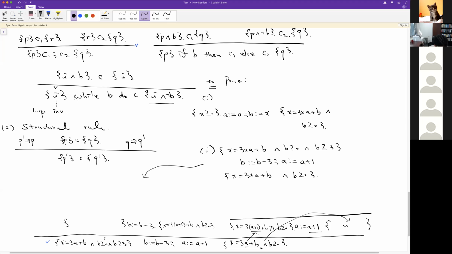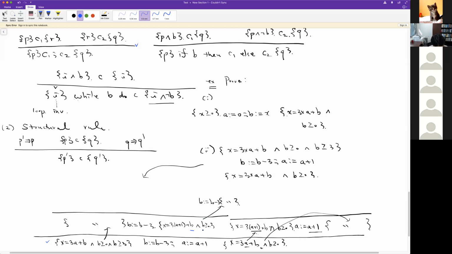We do something similar. We run this assignment program backward again. The postcondition remains the same, and if you run the assignment backward, we just have to replace b.